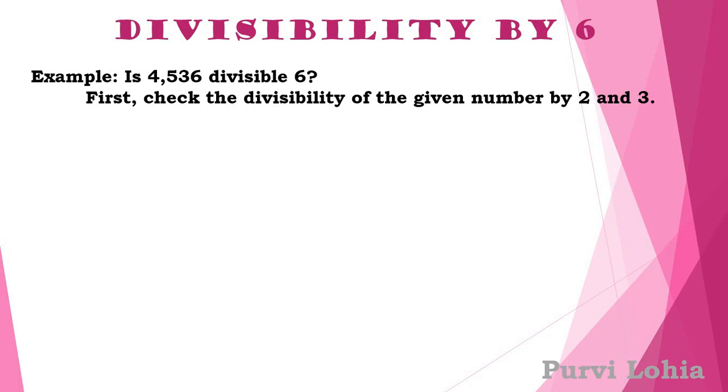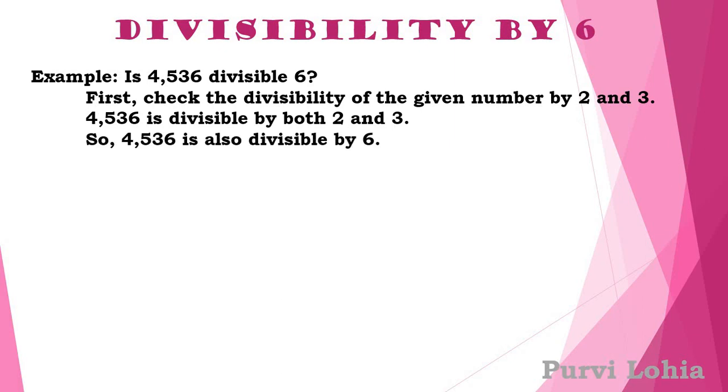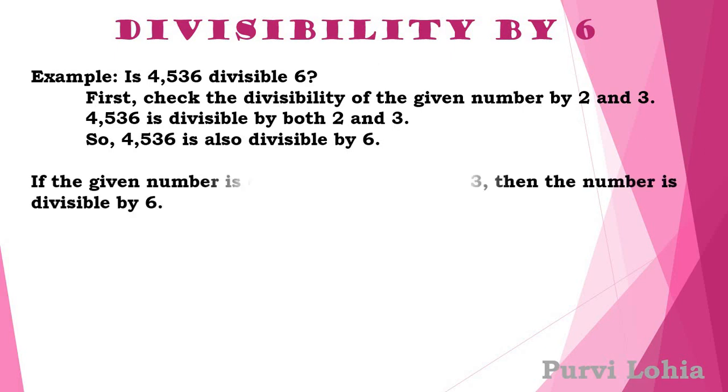Yes, the sum of all the digits is 4 plus 5, 9, 9, 18. Okay, so 18 is divisible by 3. So 4,536 is also divisible by 3. Yes, so this number is divisible by 6. So if any number is divisible by both 2 and 3, then the number is divisible by 6.